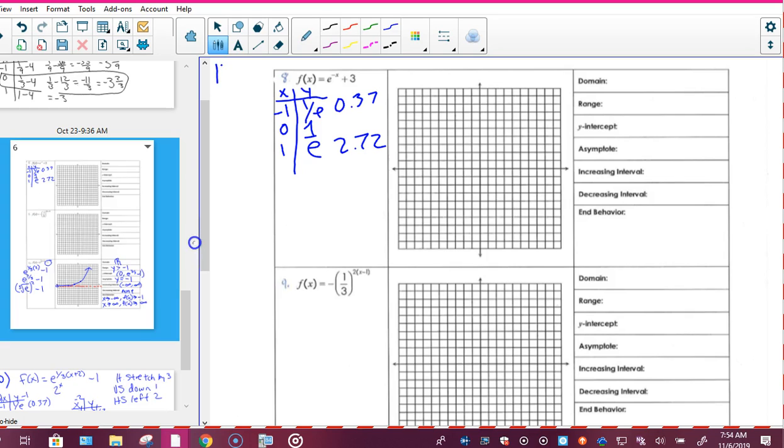We have a horizontal reflection, or reflection over the y-axis. And then we have a vertical shift up 3. So that means we're going to add 3 to our y's and multiply our x's by -1.